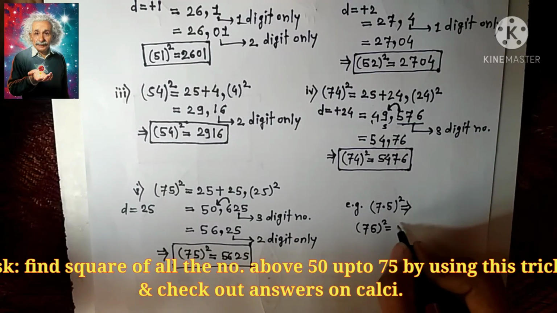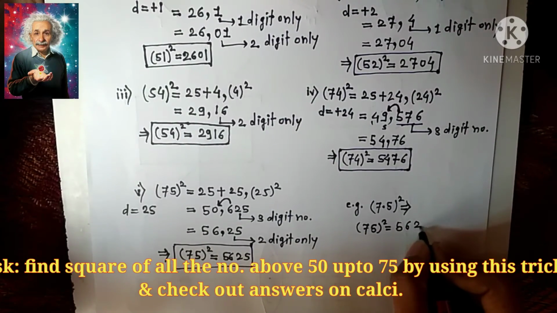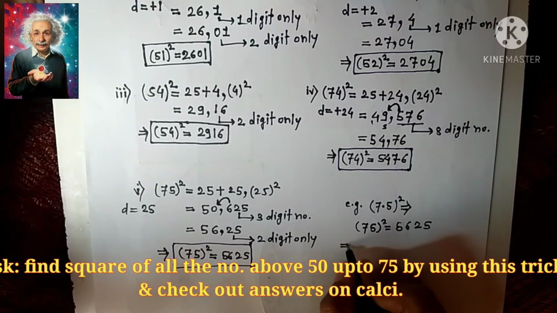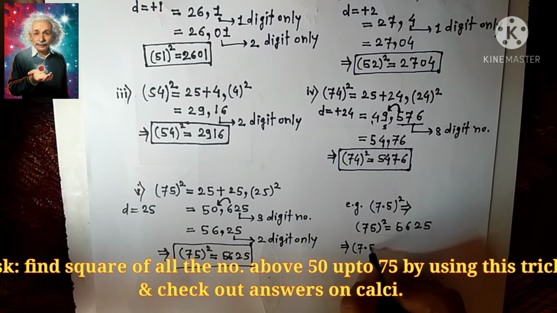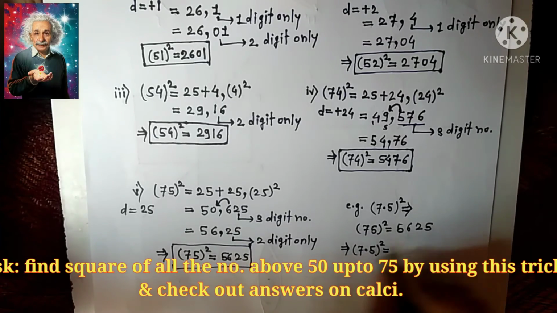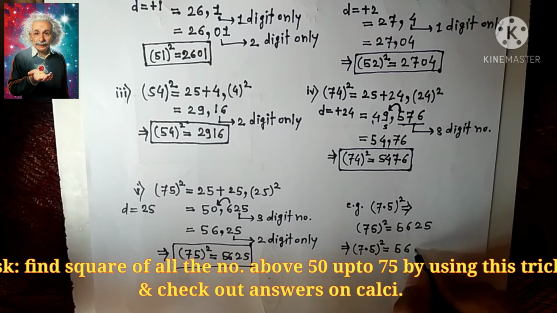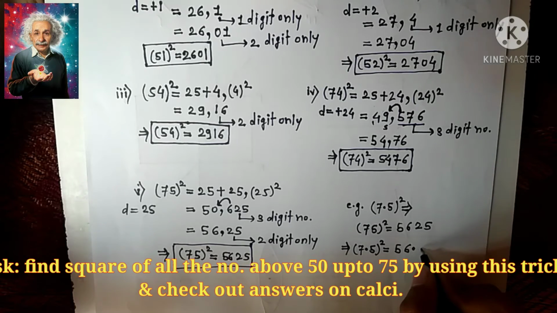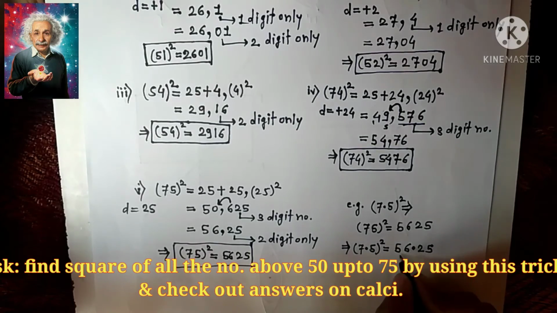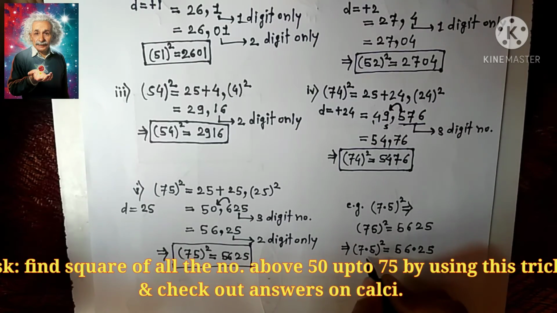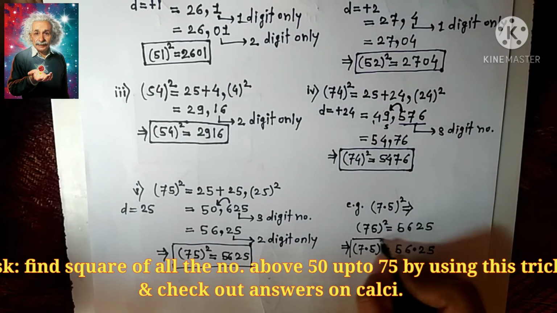Then you get the answer as 5625. From this we find the square of 7.5 as we write the decimal point after 2 digits. Then we get the answer as 56.25. This is the square of 7.5.